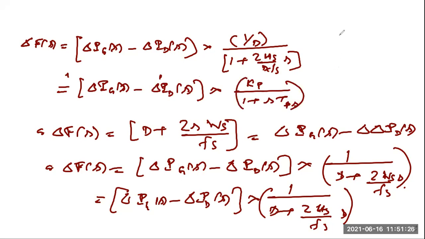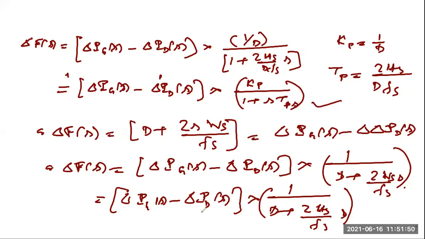So that means here Kp equals 1 by D and Tp equals twice Hs by D into Fs. So is it clear up to this? Any doubt? Any doubt from anyone?